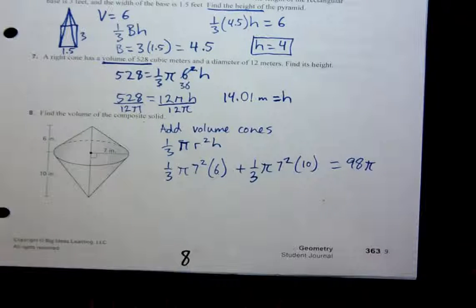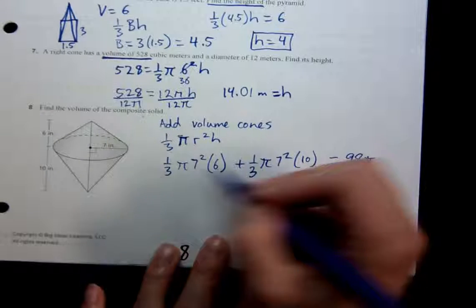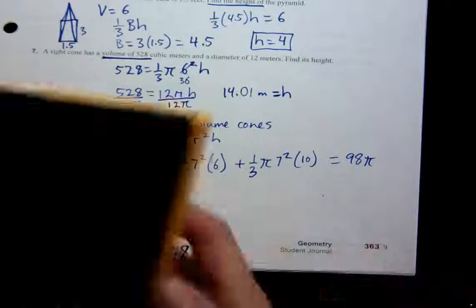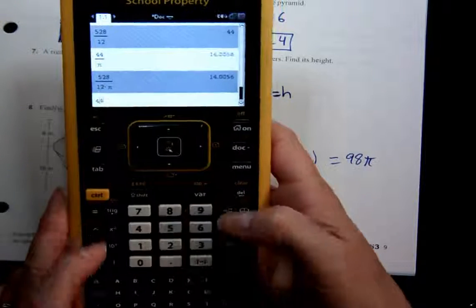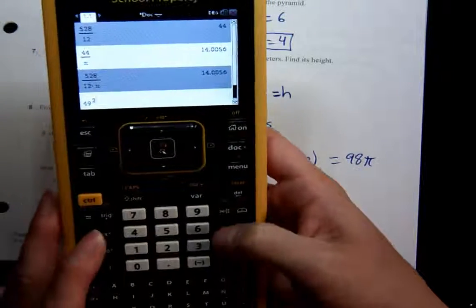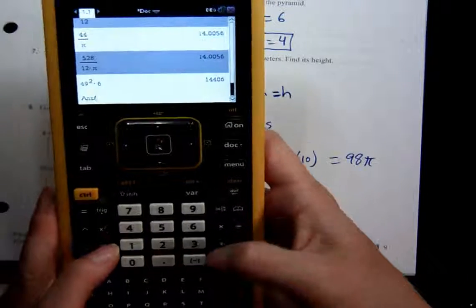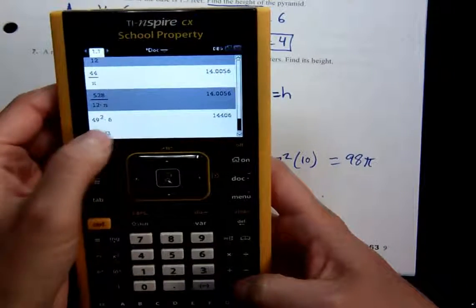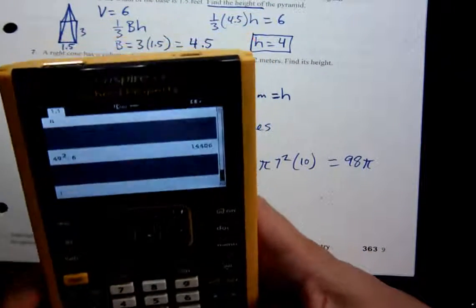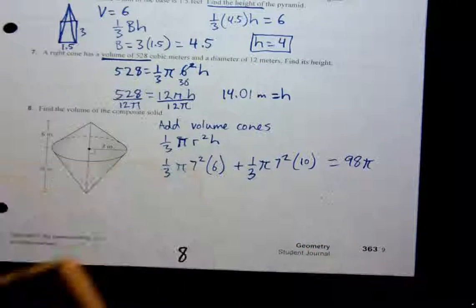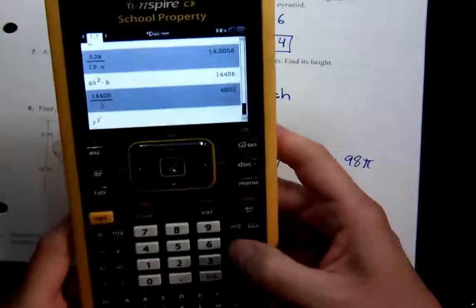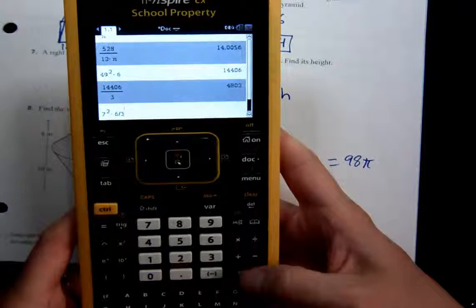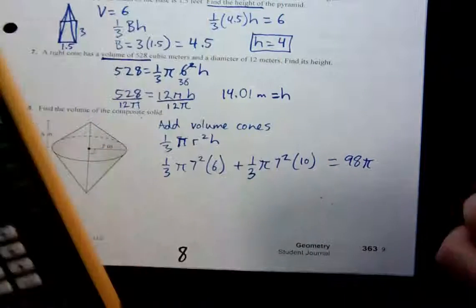Are we good? Yeah. Okay, so if you want to do it this way, if you're putting it in the calculator, just do 7 squared times 6 divided by 3, because the 1/3 is the same as divided by 3, to get 98.